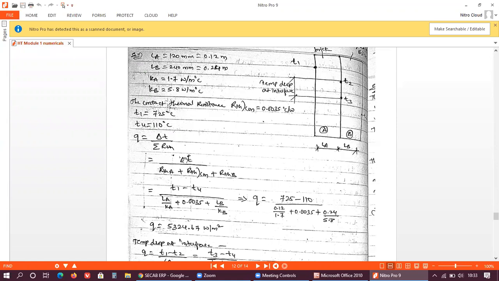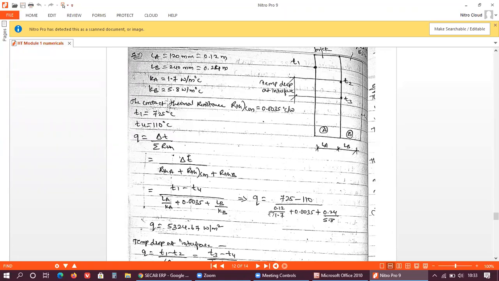Okay, so delta T is nothing but T1 minus T4. These are the two extreme temperatures, T1 minus T4 divided by La by Ka plus thermal contact resistance at the interface plus the resistance offered by the second block, right?